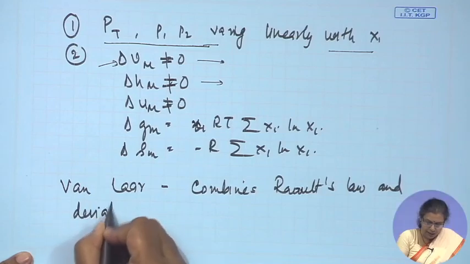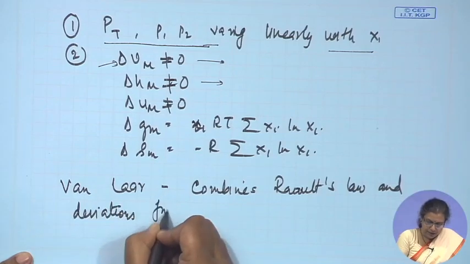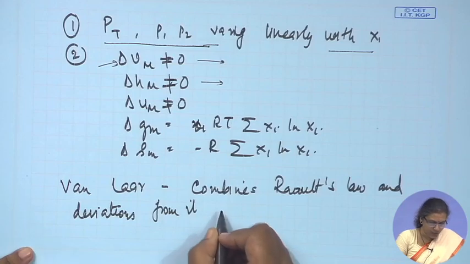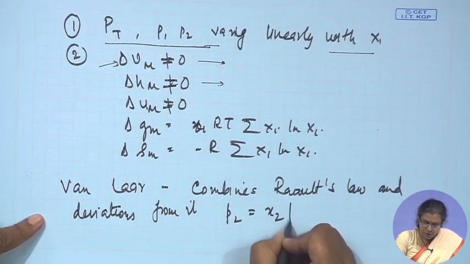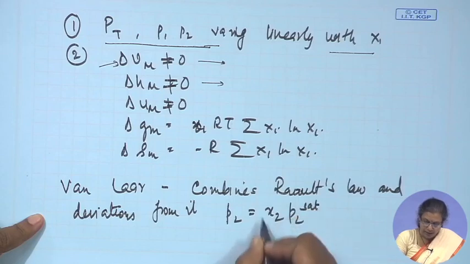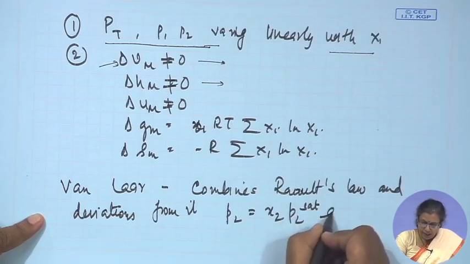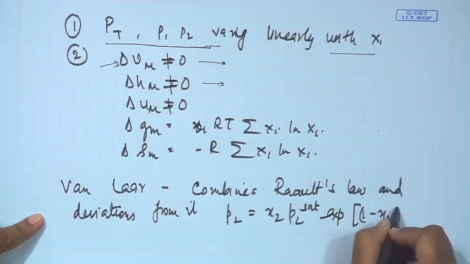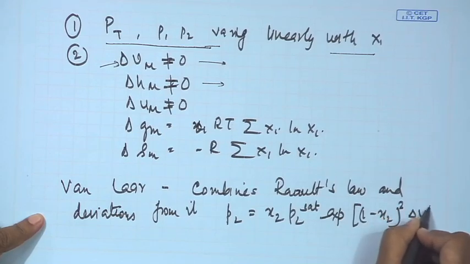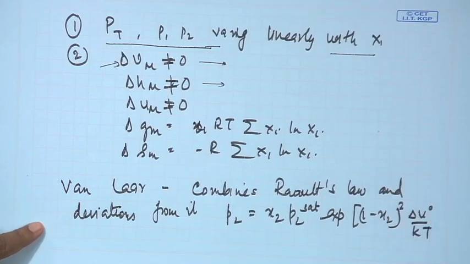What is the formula that he has given? It's quite an interesting formula. He suggests P2 equals X2 P2 saturated, which is Raoult's law, with a correction factor, exponential of (1 minus X2) whole square delta U0 by KT, right.